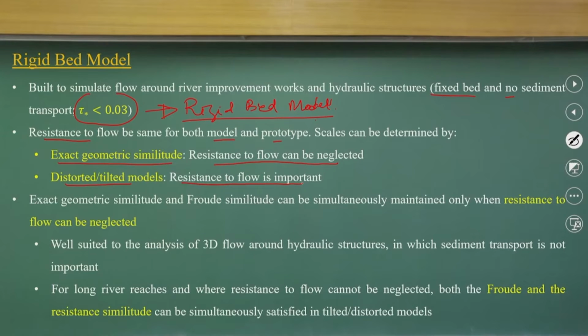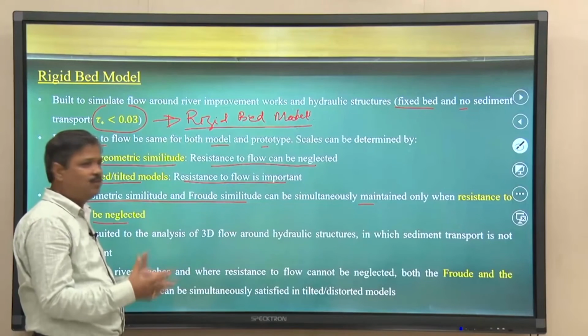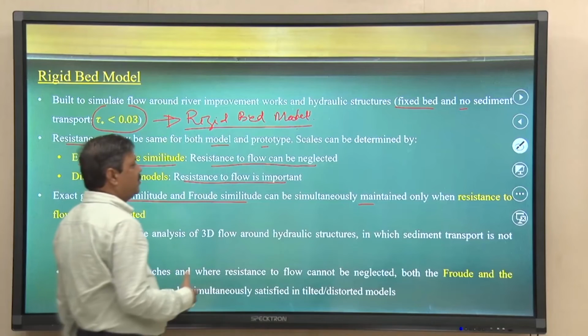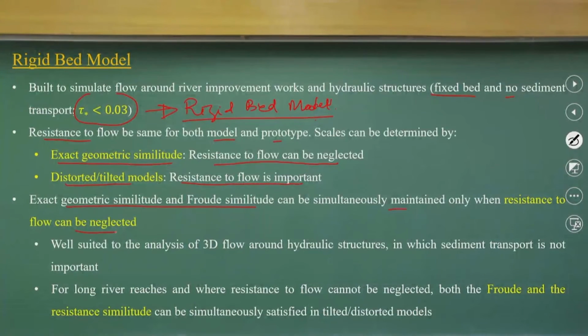Exact geometric similitude and Froude number similitude can be simultaneously maintained only when the resistance to flow can be neglected. This is possible for 3 dimensional flow around flow structures where sediment is not a concern. But for long river reaches like the Brahmaputra, where flow resistance plays a major role, we cannot neglect it.